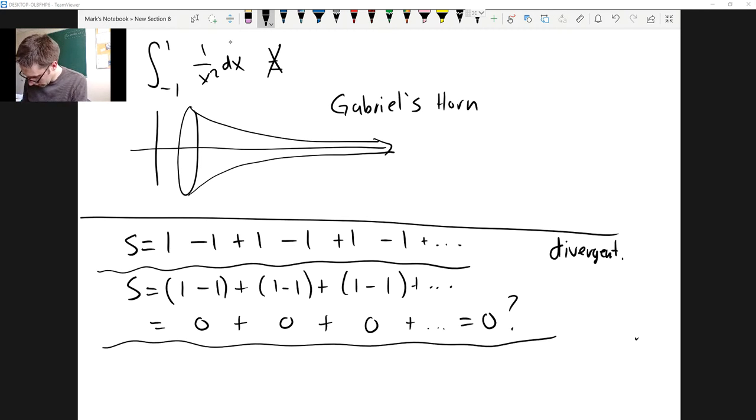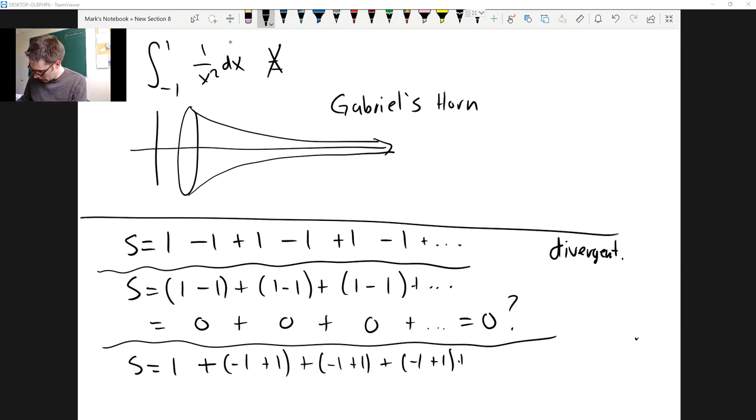All right, so let's look at putting the parentheses in a different way. 1. Now I'm going to put the parentheses before the next term, so (minus 1 plus 1). So that'll take into account terms 2 and 3. And then I'll do plus (minus 1 plus 1), so that I'll take into account terms 4 and 5, plus (minus 1 plus 1), and so on.